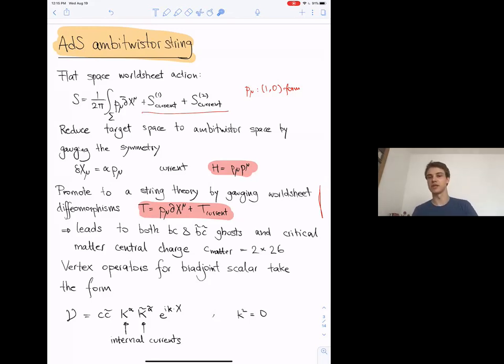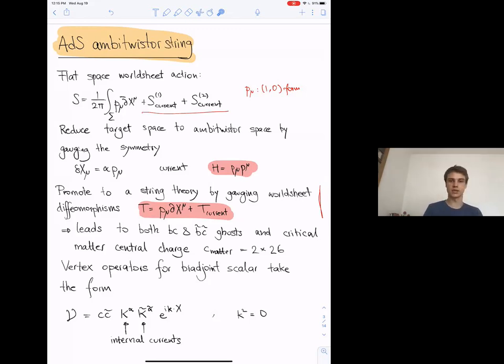And the amazing thing for this ambitwistor string is that it has very few vertex operators. Again, you can intuitively understand that, because since we're not having any right movers, level matching basically fixes the level of the left movers to be essentially 0. So it's not completely surprising that the only vertex operators that exist are basically the tachyons.